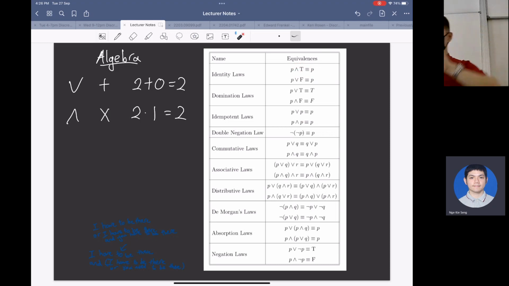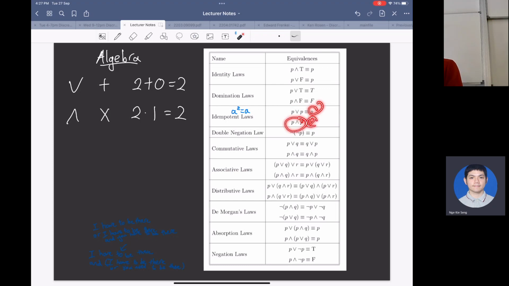Similarly for the others, what do the domination laws tell you? The true statement will dominate P, so you only get the true statement. If you put P in conjunction with F, then you get the false statement. Idempotence law: idempotence is a thing that squares to itself. So P or P gets back itself.